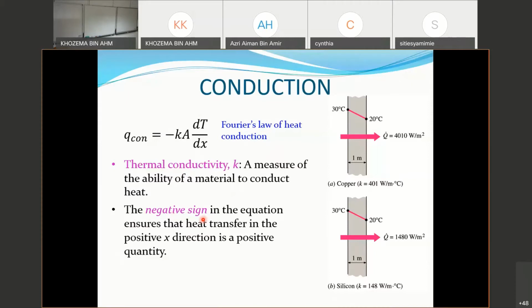The negative sign in the equation ensures that heat transfer in the positive x direction, from a small value of x to a large value of x, is a positive quantity. Basically, we want our value of Q here to be positive. Later on, I'll show you why the negative sign is important.